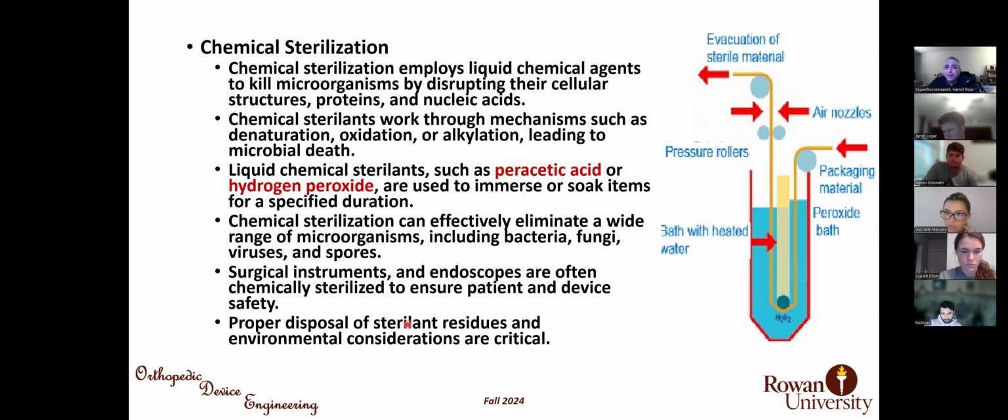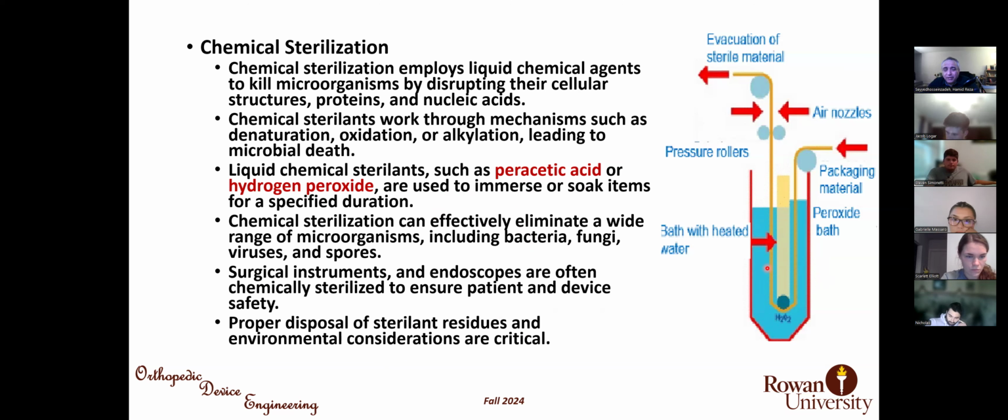You have chemicals like peracetic acid or hydrogen peroxide. There are some devices for them that you can immerse the item you want to sterilize in the chemical that sterilizes that item. But in the operating room, it is very simple. They use a large bucket.